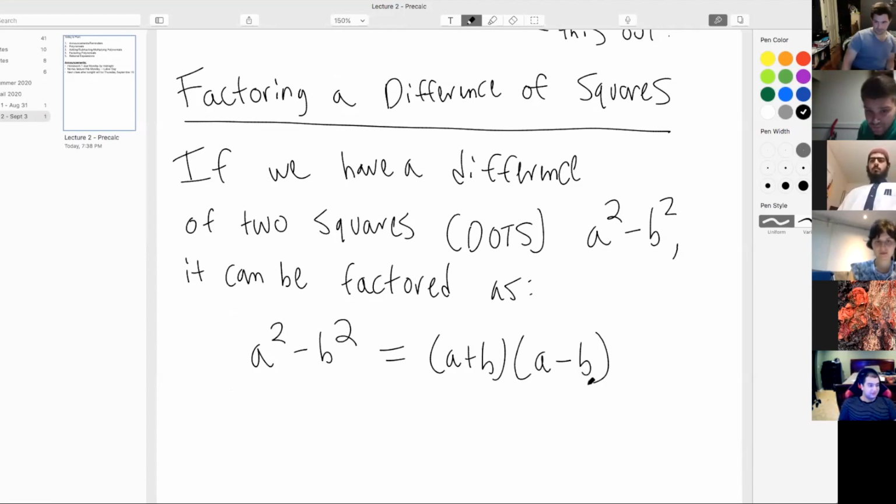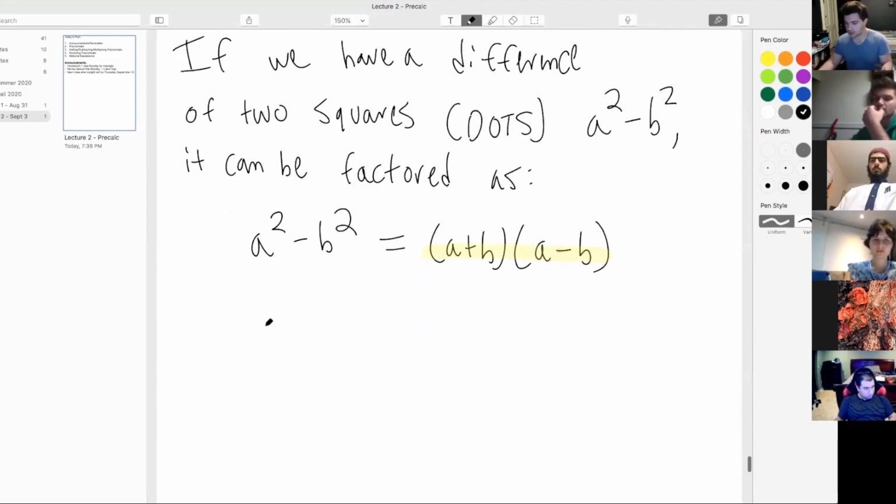Okay. So hopefully that seems familiar to some of you. And that's really it. If we have a difference and both terms in the difference are perfect squares, we can just factor that as a plus b multiplied by a minus b, where a and b are the square roots of a squared and b squared.